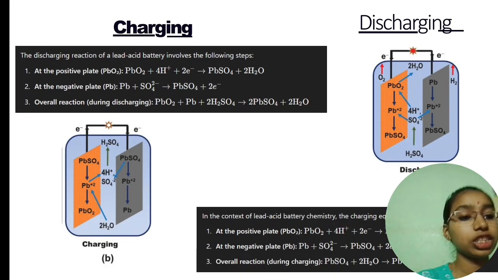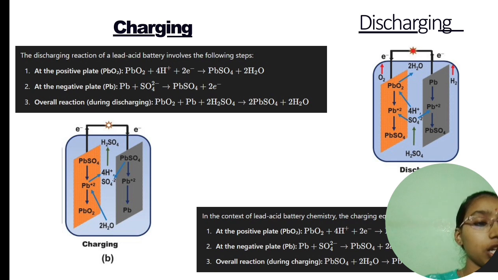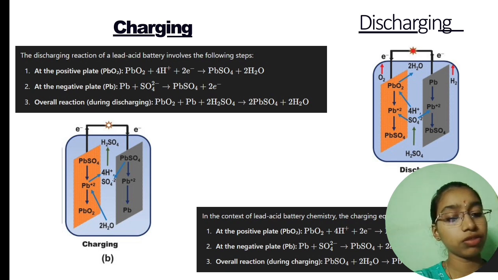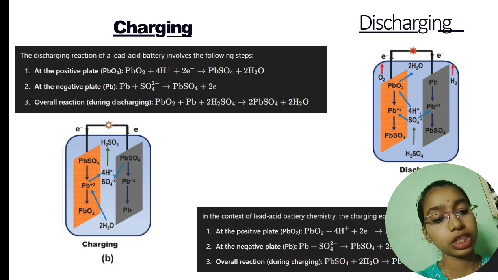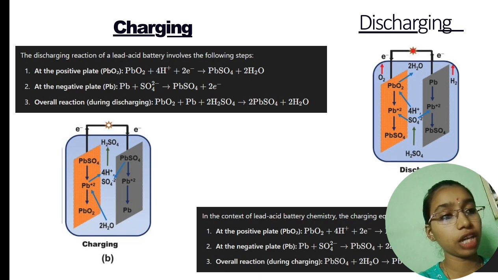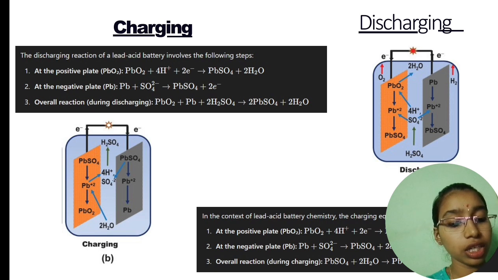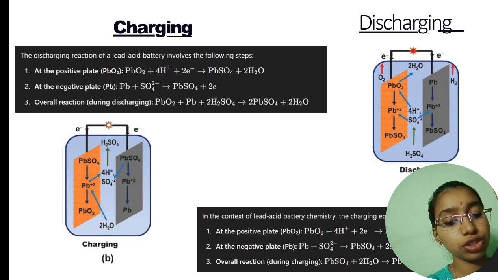Under discharging, the lead electrode loses electrons. Oxidation of lead takes place at the anode. Lead ions combine with sulfate ions and form PbSO4. The electrons released from the anode flow to the lead dioxide. Lead dioxide gains electrons and forms Pb2+ ions. Lead undergoes reduction at the cathode, with oxidation state changing from +4 to +2.